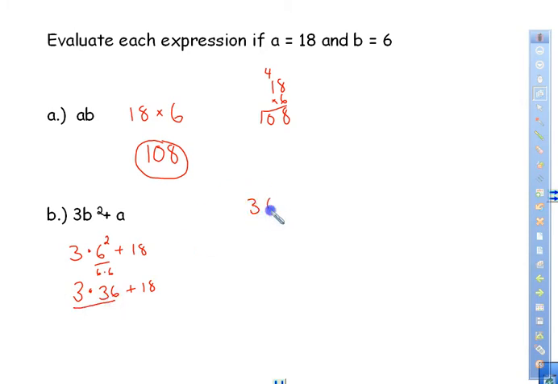We're going to multiply, so 36 times 6, and that's 36. 6 times 3 is 18, plus 3 more is 21. And then we're going to add our 18 onto this, and we get 14, carry the 1, 3, 2. So 234 is my answer.